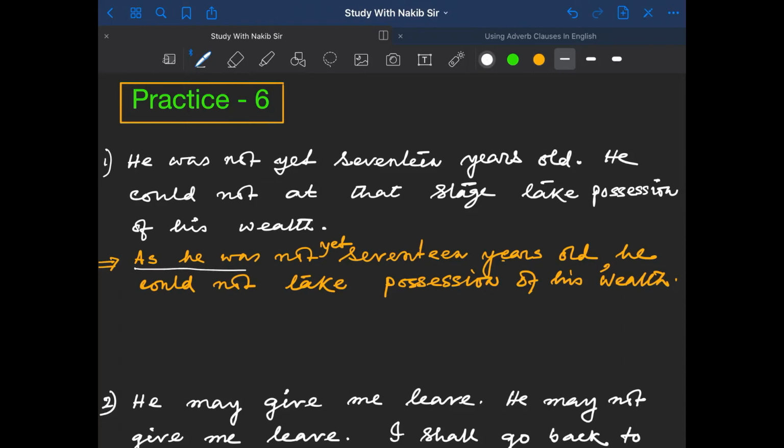So this one is the adverb clause expressing cause.